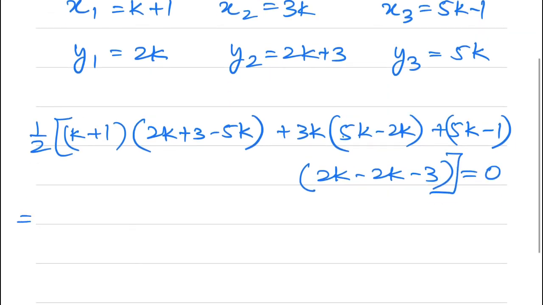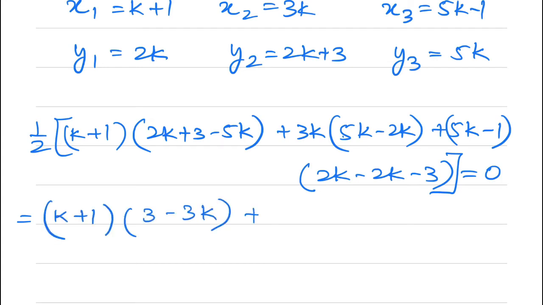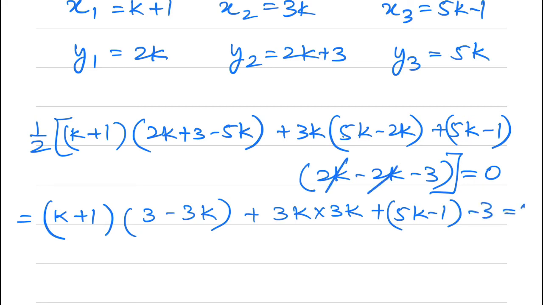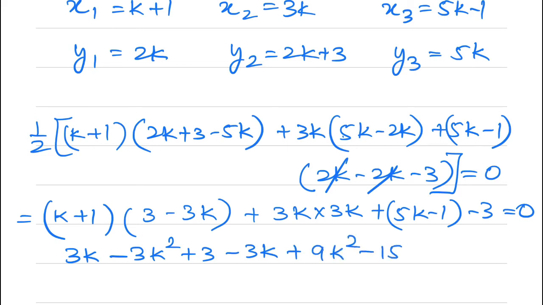Now half goes that side and it also becomes 0. (k plus 1) into (3 minus 3k) plus 3k into (3k) plus (5k minus 1) into... This gets cancelled. Minus 3 is equal to 0. 3k minus 3k square plus 3 minus 3k plus 9k square minus 15k plus 3 is equal to 0.